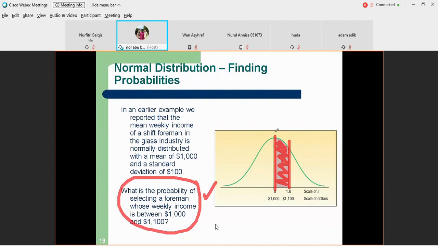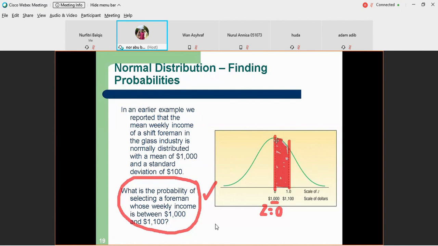The way is, do you see this 1000? 1000 is the mean, in the middle, so Z is 0. Whereas for 1100, if 1000 is here, 1100 must be on the right side, because 1100 is more than 1000. Now, if you can find this shaded area, then you can answer the question.